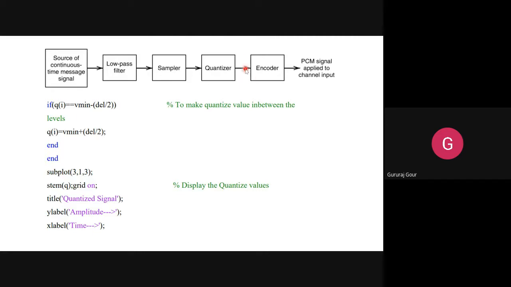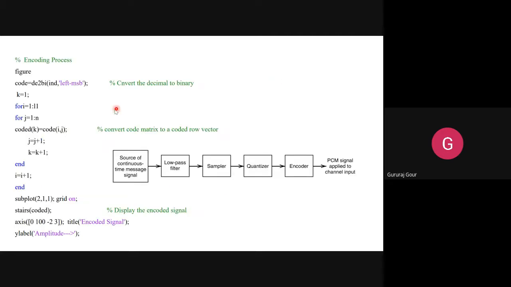Now the output of this quantizer will be given to the encoder. What the encoder does is simply convert your rounded off decimal values to binary by using the command DE2BI, with IND, the index position of each quantized value, and with the left bit as the most significant bit, which we have to define here. Again we use L1 and N in order to represent the code in the form of a matrix by using this loop.